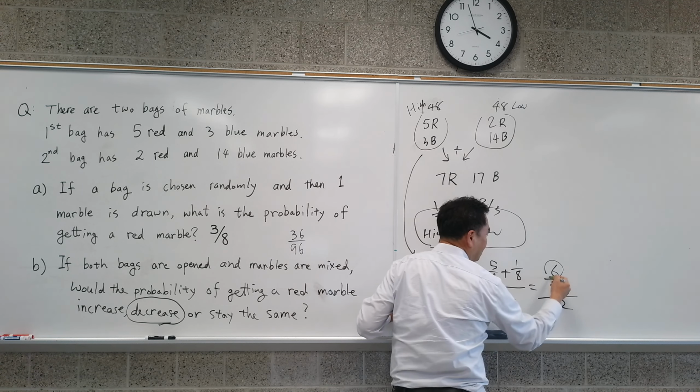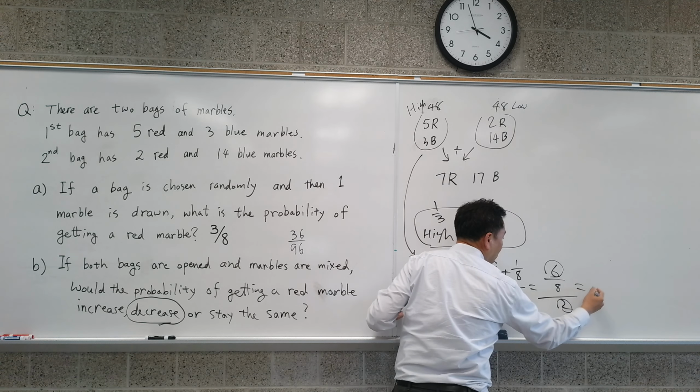Divided by 2, that gives you 3 out of 8. It's just the average of the two probabilities.